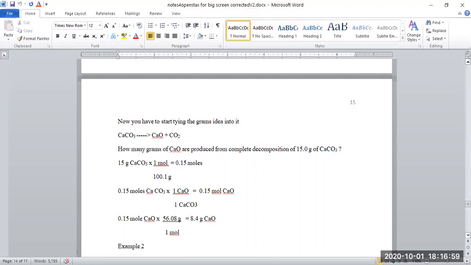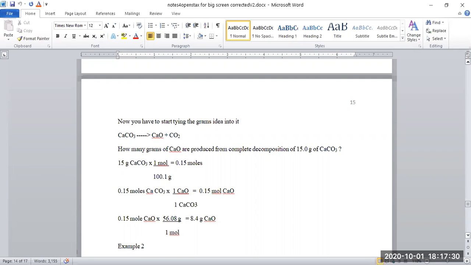Then I do my ratio step. And this one's a little bit kind of duh, because it's 1 and 1, but I did it because it shows you how things cancel out. 0.15 of the calcium carbonate times 1 calcium oxide over 1 calcium carbonate. Your CaCO3s cancel out. Your number doesn't change, but what it is changes.